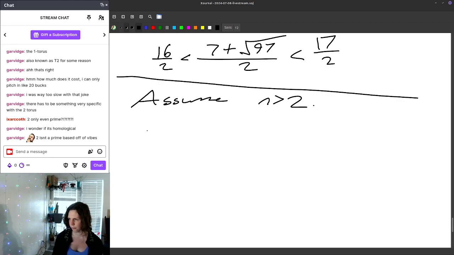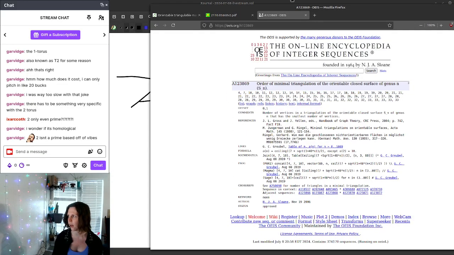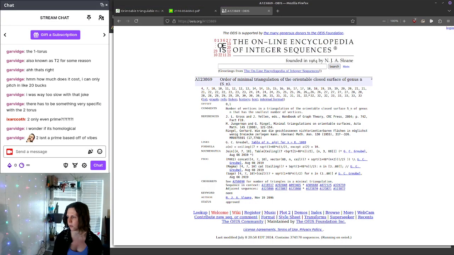So, okay, then no, I'm not going to be able to give you an exact number. I'm only going to be able to give you a bound, unless I can find another sequence in OEIS, which is the actual number of triangles. I need the number of triangles to figure out how many vertices I add when I do the elementary subdivision. Just knowing the number of vertices isn't sufficient.